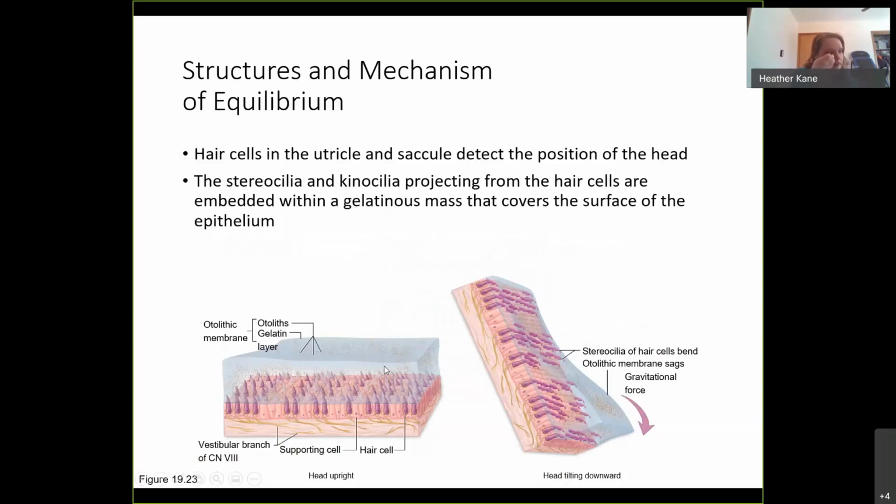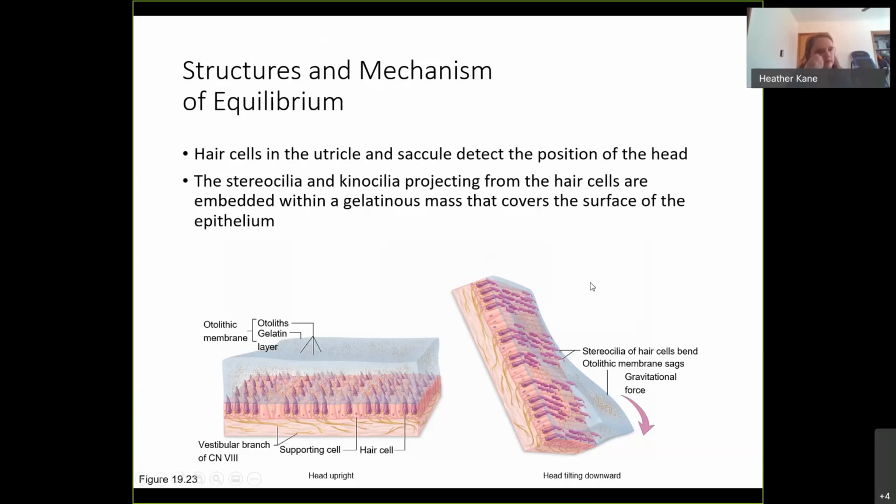These otoliths are stone-like structures within this gelatin. When you tilt your head in any direction, all of the gelatinous material moves in that direction. They all follow gravity, they work closely with gravity. And when that happens, they bend those hair cells.